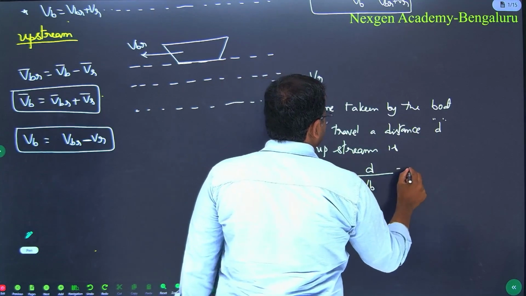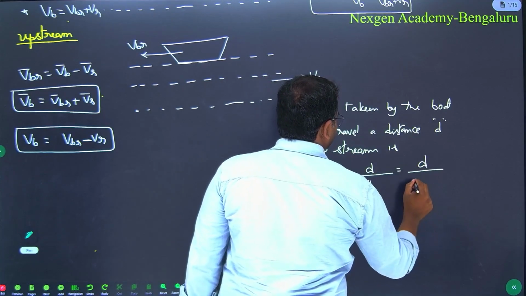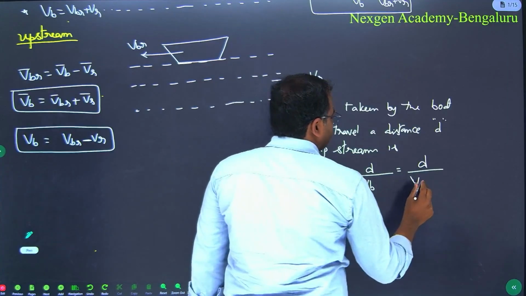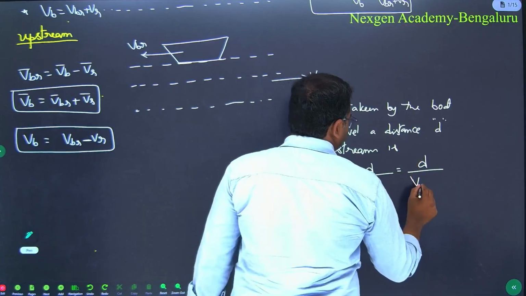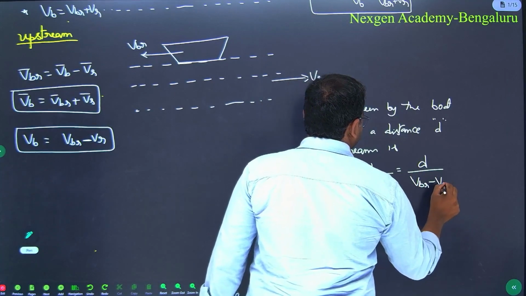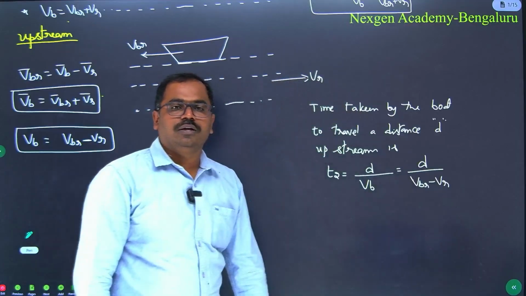Distance by velocity of the boat with respect to ground, which is VBR minus VR in magnitude.